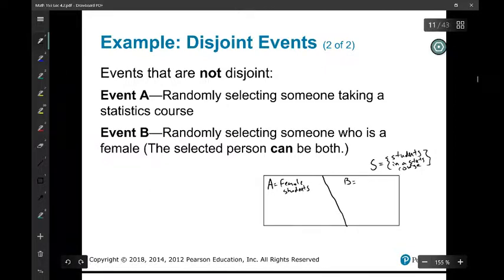B is equal to male students. So S is the entire set, and all the female students are definitely within the set of students in the stats course. But if you're a female student, then you're not in the set of male students.